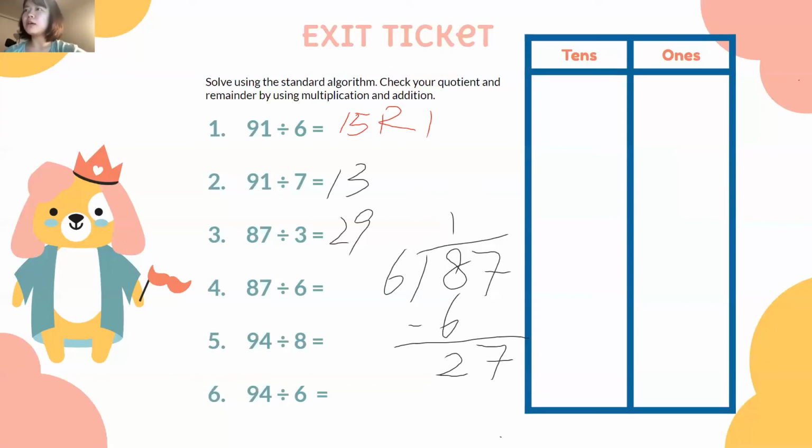Okay, so let's try 4. 4 times 6, that is 24, but 5 times 6, that is 30, and 30 is bigger than 27, so let's just put down 4. 24, and 27 minus 24, the remainder is 3. So our answer can be 14, remainder 3. And the remainder has to be smaller than the number we're dividing by.